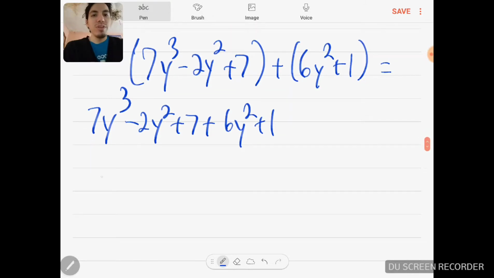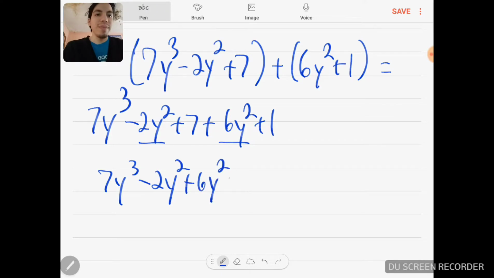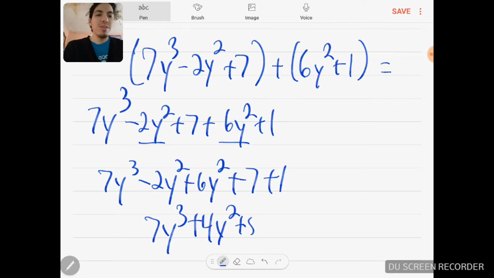Again, I'm going to reorder this as 7y to the third, minus 2y squared, because I want to combine these two, so it'll be plus 6y squared, plus 7 plus 1. I get 7y to the third, negative 2 plus 6, so that's positive 4y squared, plus 8.